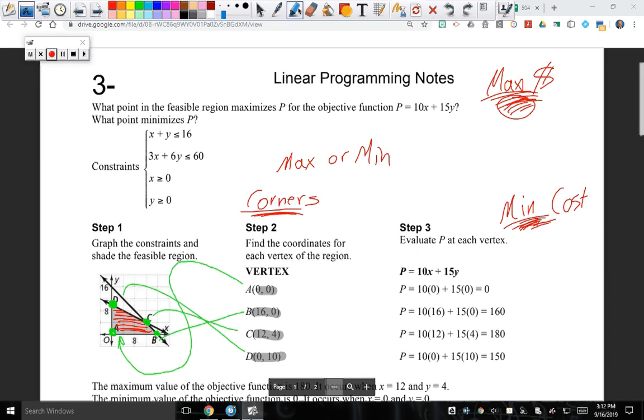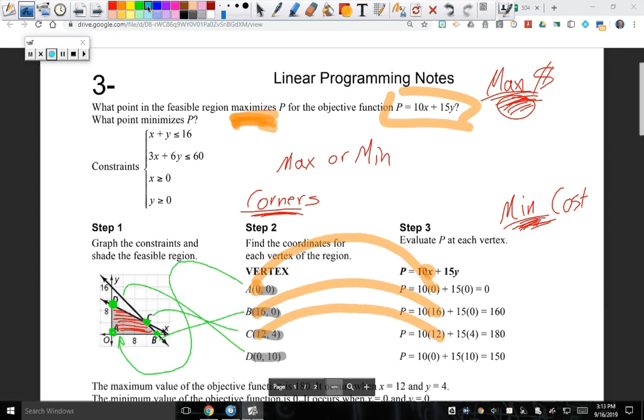I find these values and I plug them into this function that I'm trying to maximize. I'll plug in 0 for x, there's x. I'll plug in 16 for x, 12 for x, so on and so forth.